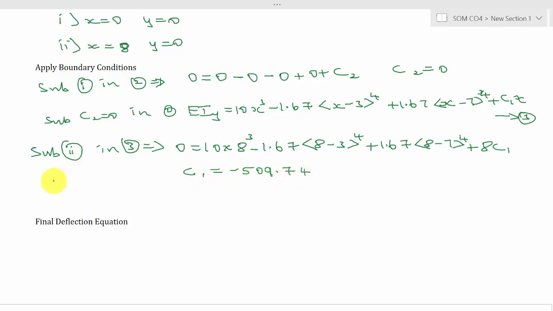509.74. So substitute C1 is equal to minus 509.74 in the third equation.